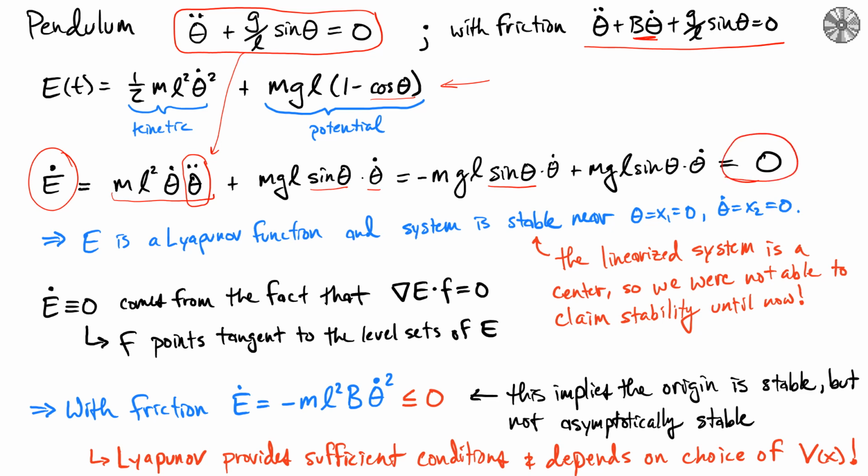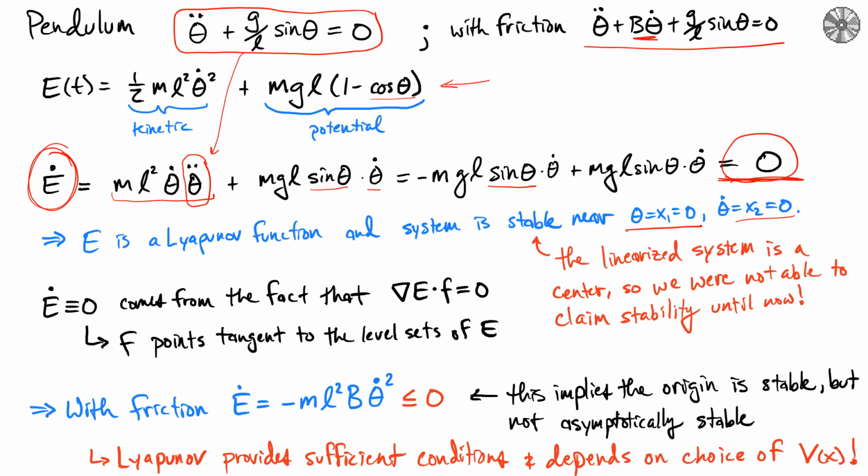So we cannot say that it's asymptotically stable, but we can say that it is stable near our equilibrium x1 equals 0, x2 equals 0. Around that equilibrium, the derivative is equal to 0, so it's not less than 0 like what we had before, but at least it's 0, and that gives us the fact that it is at least stable.